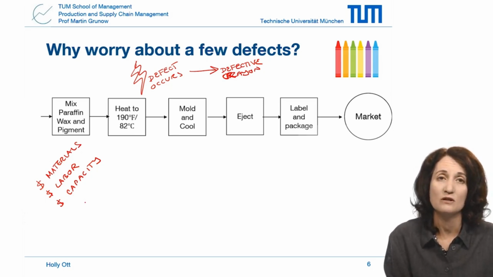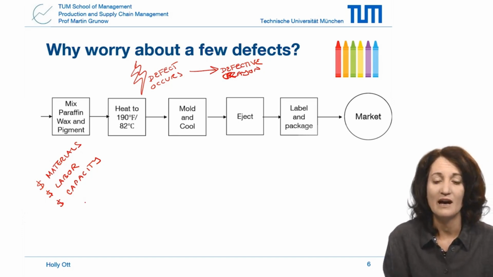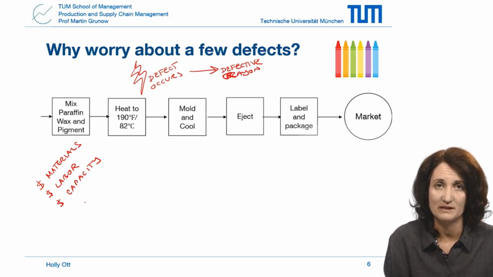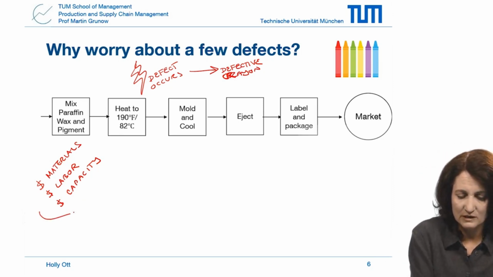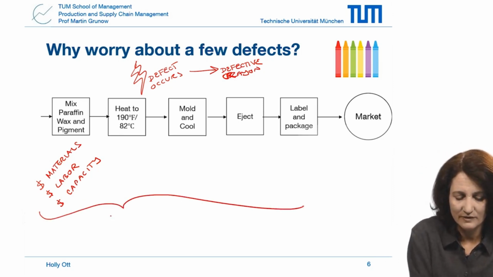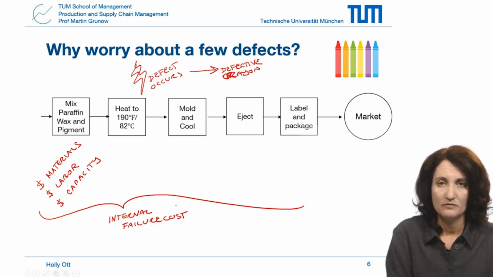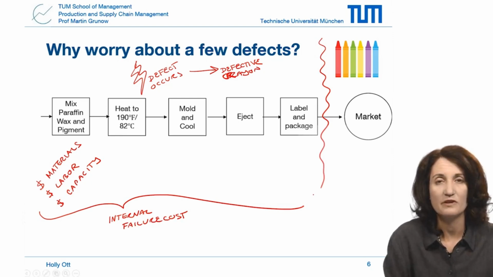And this can be critical when we have a capacity constrained process, which means we need every single minute of our capacity to make good parts to meet the demand. So these, in this part of the factory, are internal failure costs, which, although they may be small, are very real.